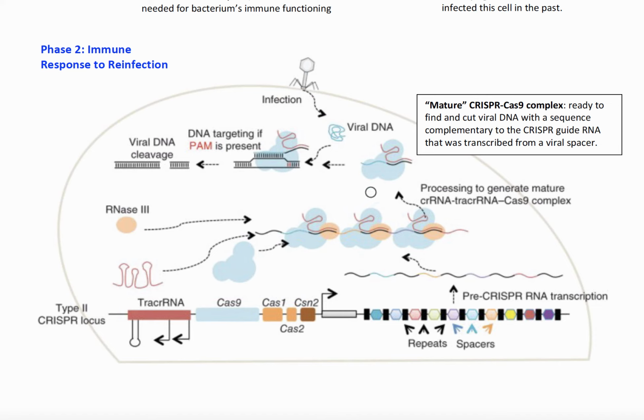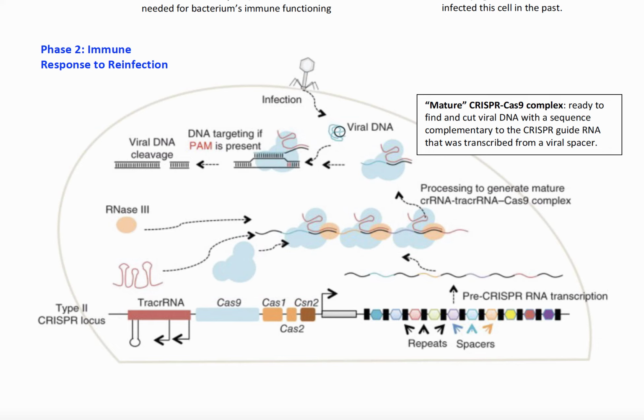And what makes the Cas9 complex special and potentially extremely helpful for molecular biologists is that it is very specific to this virus's DNA because it has this guide RNA that was transcribed from the spacer, which remember was viral DNA to begin with.